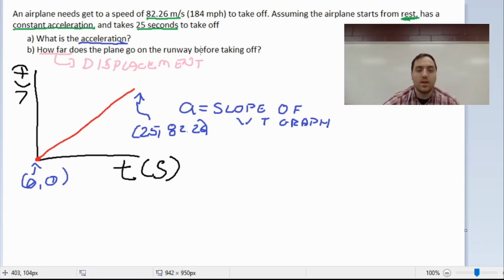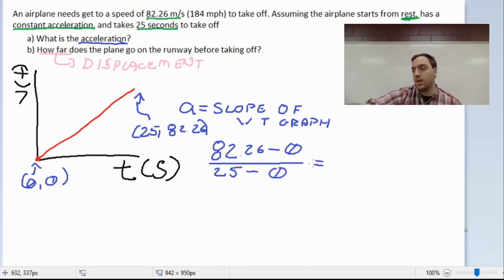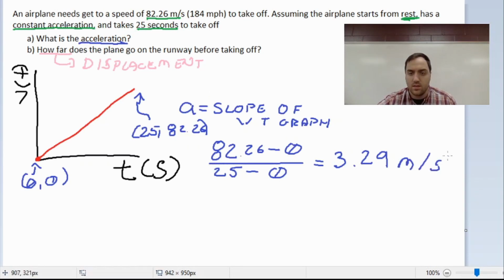So at that point, it's just finding slope, which thankfully, y2 minus y1 over x2 minus x1 is really simple. 82.26 minus 0 over 25 minus 0, which gives me, grab my calculator for a second, an acceleration of 3.29. 82.26 is in meters per second, we get that from up here, and 25 is in seconds, so this would be in meters per second squared.